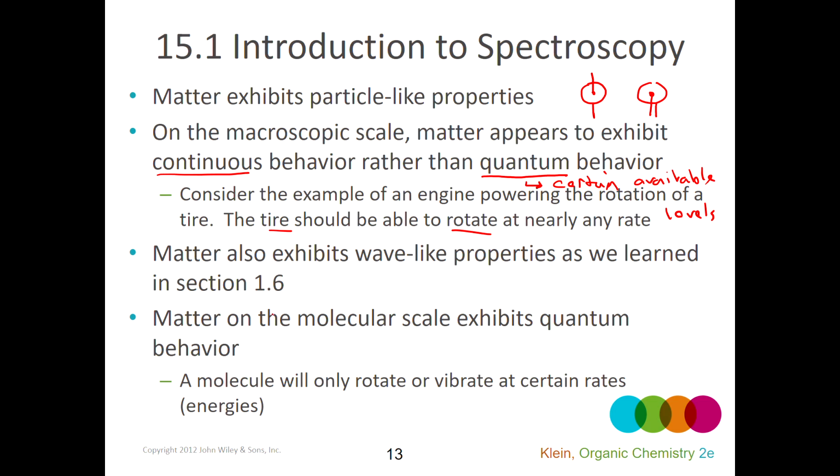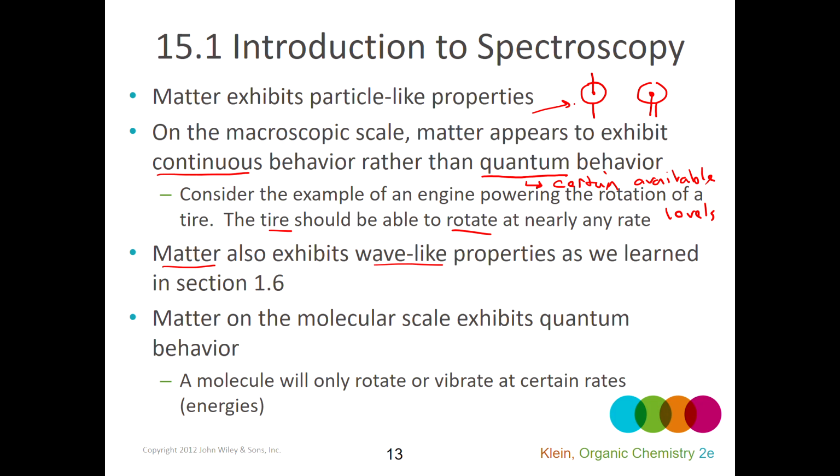And so, since matter has these wave-like properties for its electrons and this quantum characteristic where certain movement requires very specific quantities of energy to occur, this is really convenient for us. If I use a certain amount of light and hit the structure with it, and the light doesn't have the right amount of energy, it might not cause the rotation.